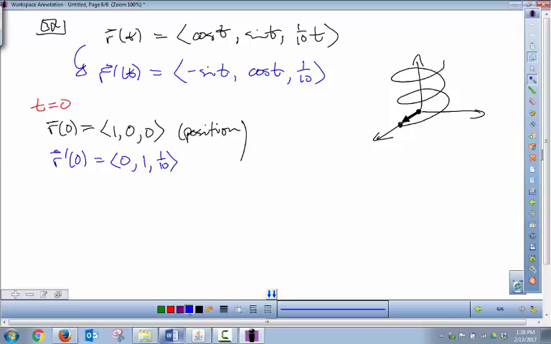Now if I draw that, how am I going to draw that? Let's try. So 0 in the x, 1 in the y, and then 1/10 is a small little lift. Like this. So does it point towards another point on the curve?